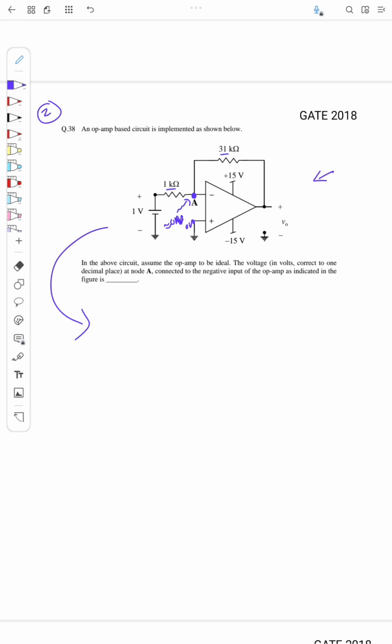Here the Vi given is 1 volt, and it's an inverting amplifier. So what will be V naught? V naught will be equal to minus Rf by R1 into Vi, right? Rf here is 31k and R1 is 1k.